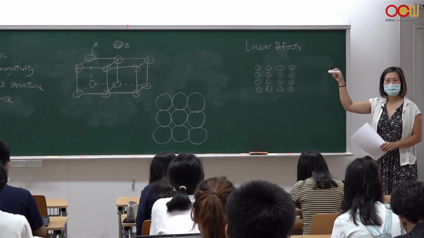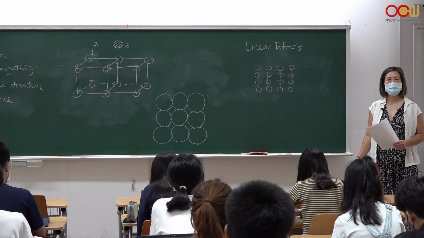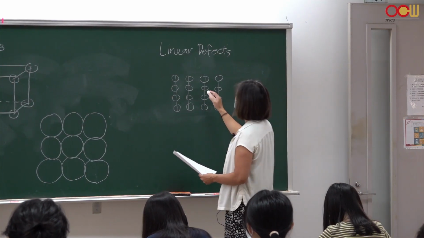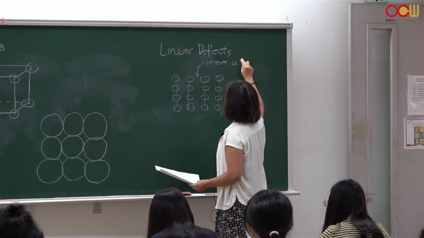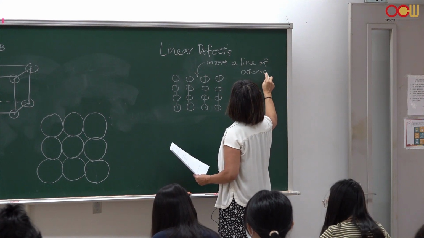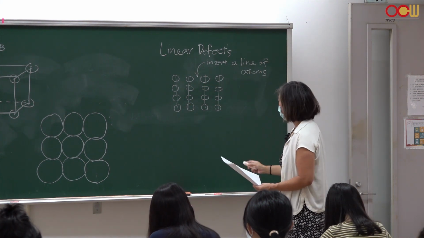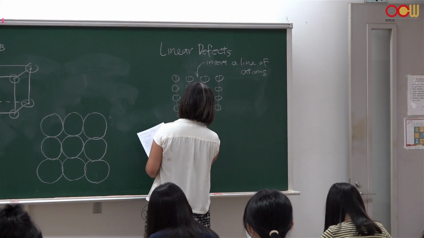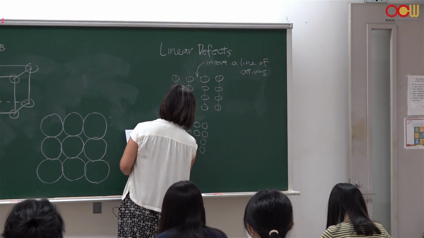The lines just show you that they're directly on top of and below each other. If I were to insert a line of atoms here, I will end up with something like that.